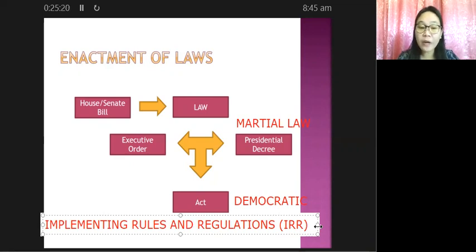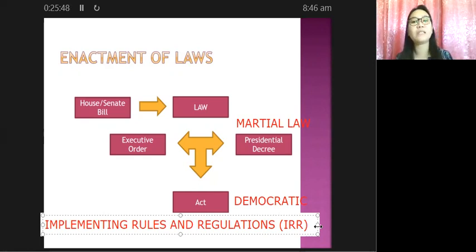And so there is a need to craft your implementing rules and regulations, which contain the details on how a particular Republic Act is to be implemented. Again, your IRR is not crafted by the Congress. It is crafted by an administrative agency under the executive branch.